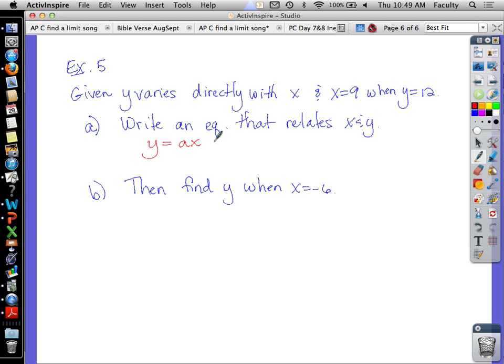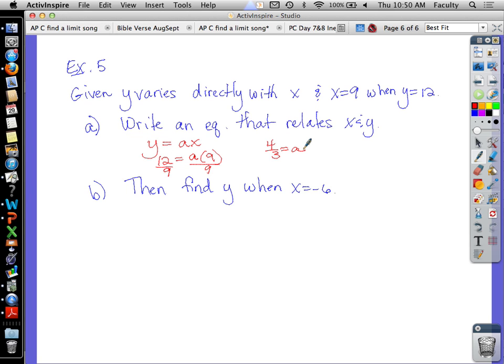They gave me x is 9 when y is 12. And this is just like the warm-up we did today. 12 equals a times 9. I divide by 9. We reduce all fractions. Now, does 4/3 equal a? Is that the answer? Is that an equation that relates x and y?